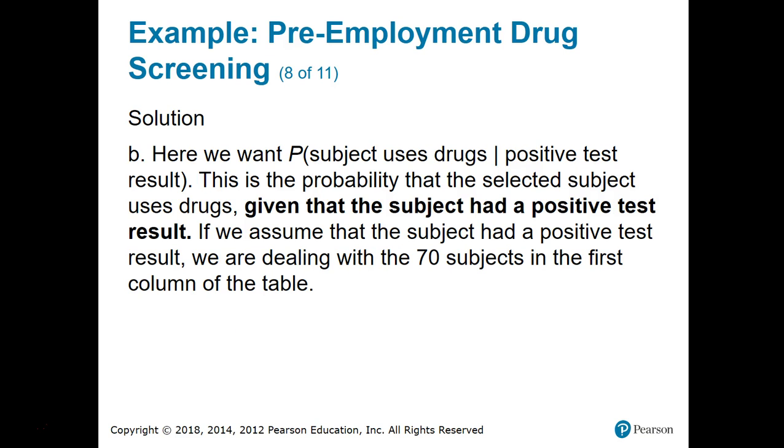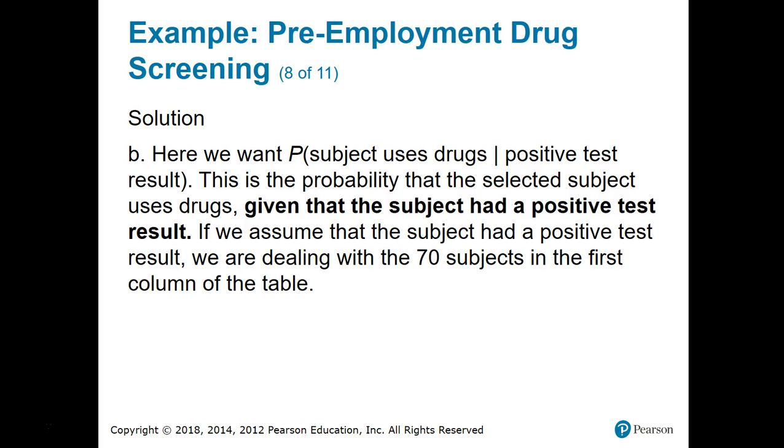All right, this is the probability the subject had a positive test result given drug use. Okay, here's what we want: subject uses drugs given a positive test result. So now we're switching it around.